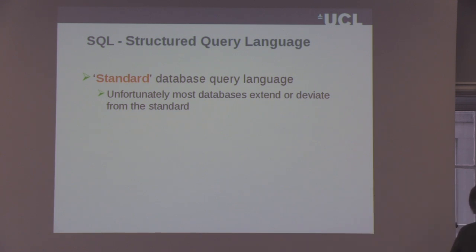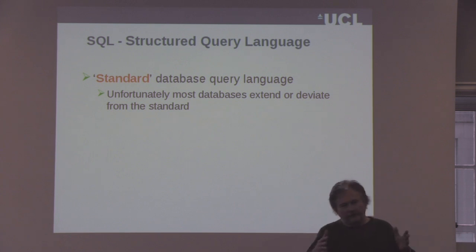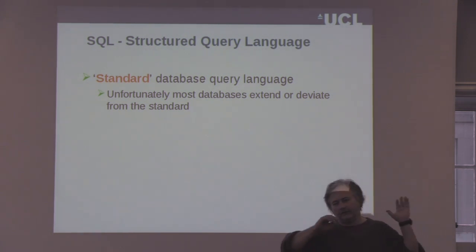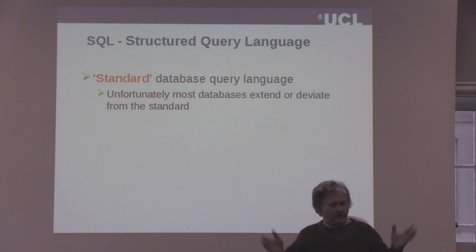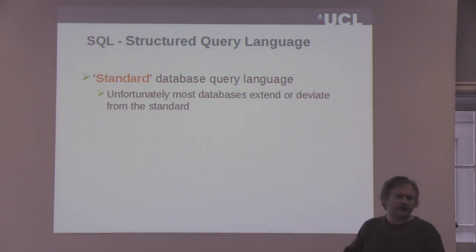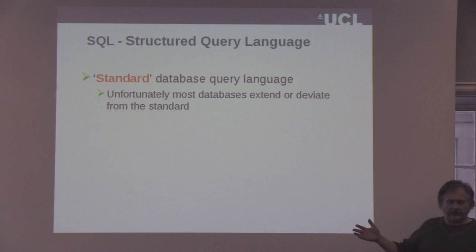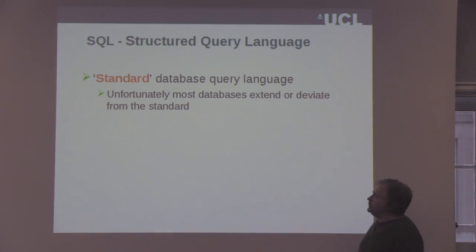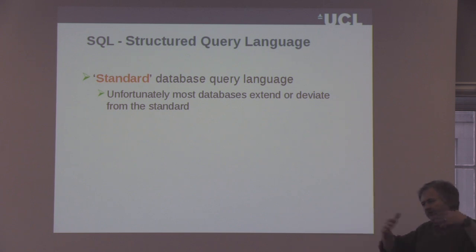So basically, it should be possible to take a database that's been written on Oracle and just take all the code that stores all the information and just run it on PostgreSQL or something instead. In practice, it's not quite that simple because most of the databases actually have extensions that take you beyond the standard. So if people have used those, then obviously it doesn't work.